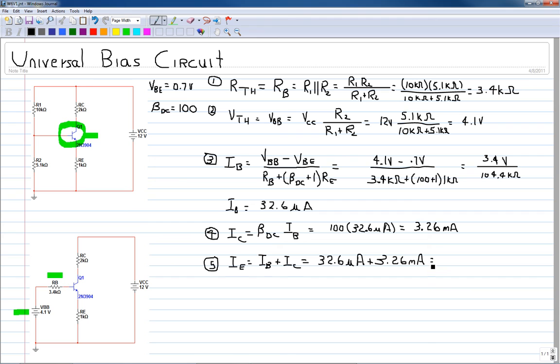Adding those two values together gives us 3.29 milliamps.